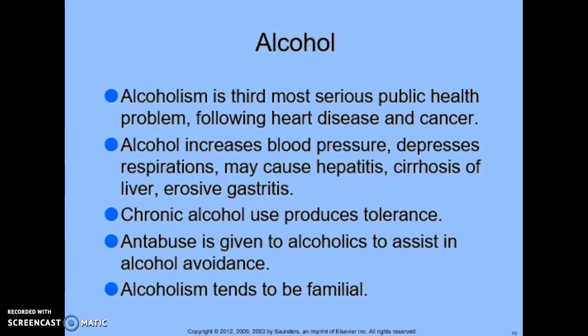Chronic alcohol use produces a tolerance to alcohol, and this means that the more you are chronically using and abusing alcohol, the more tolerance you have, so then the more alcohol you need in order to get to that same state that you're seeking.